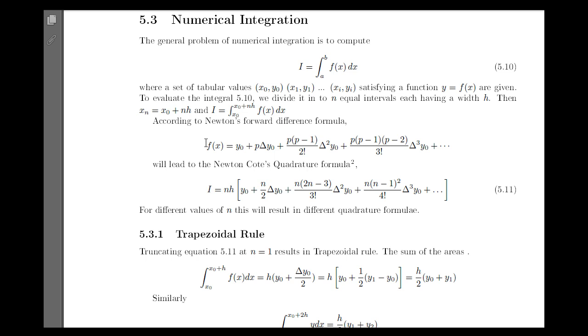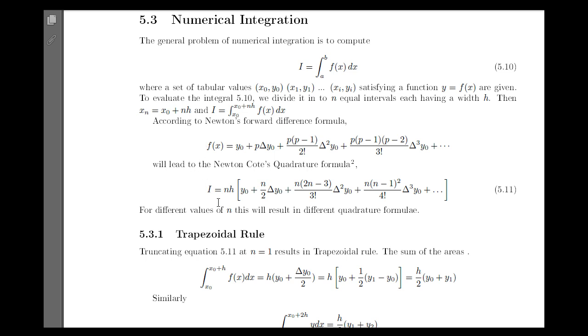If you assume that n equals 1, that results in the trapezoidal rule. That means you assume that each step of x provides a trapezoid, the area of the trapezoid is known, and then you add the areas of all trapezoids. That will give you the sum of areas.